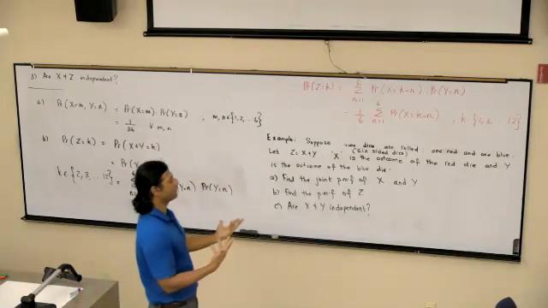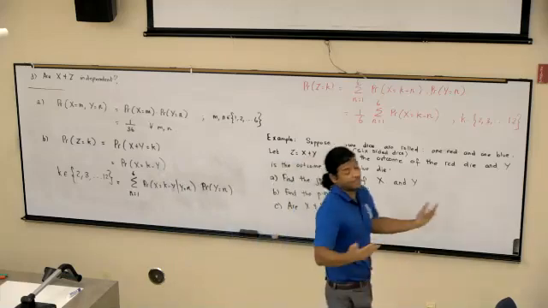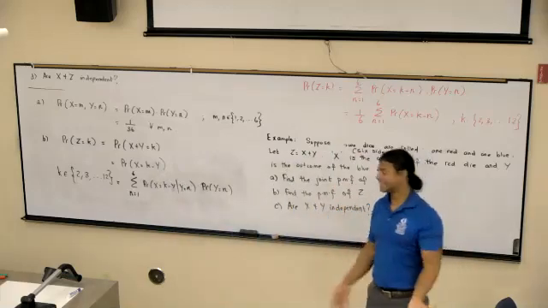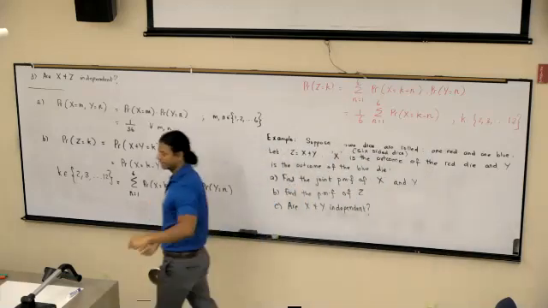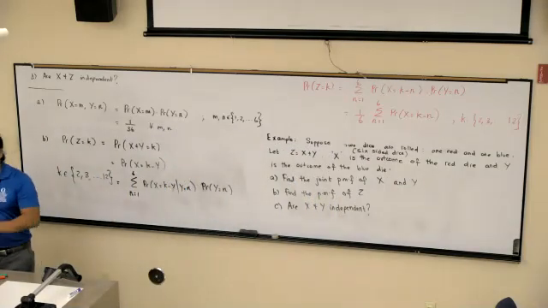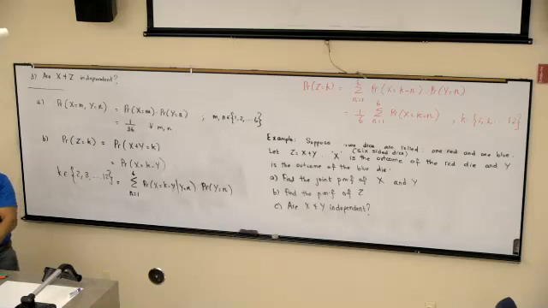The outcome of the red die is not going to affect the outcome of the blue die. They're just independent of each other. The probability of getting both to be a specific number is equal to the multiplication of the two.